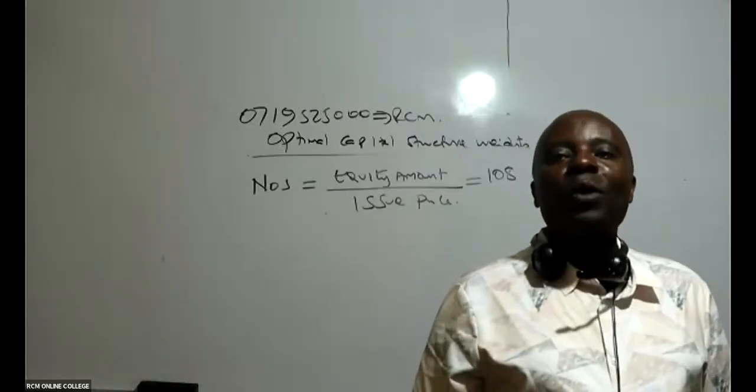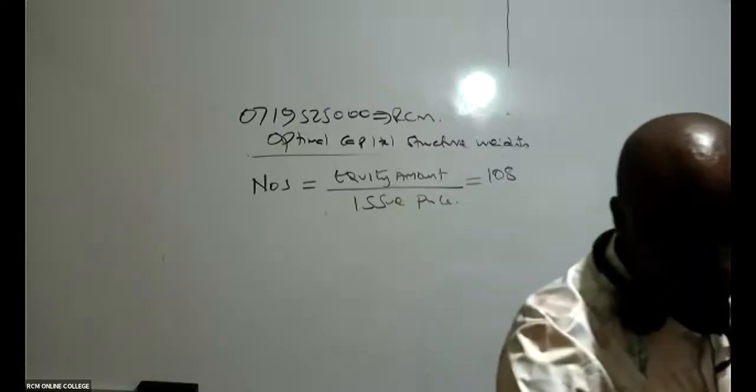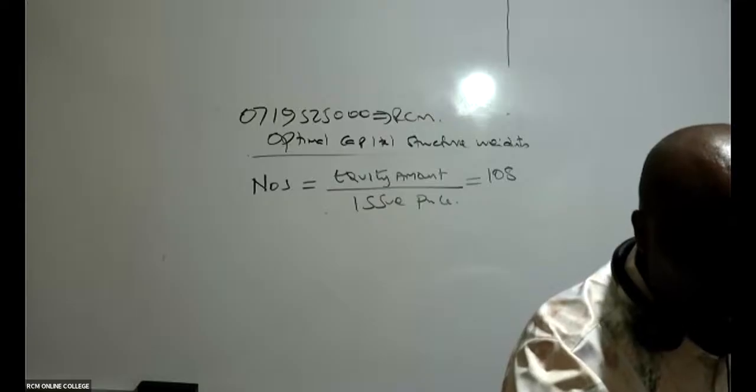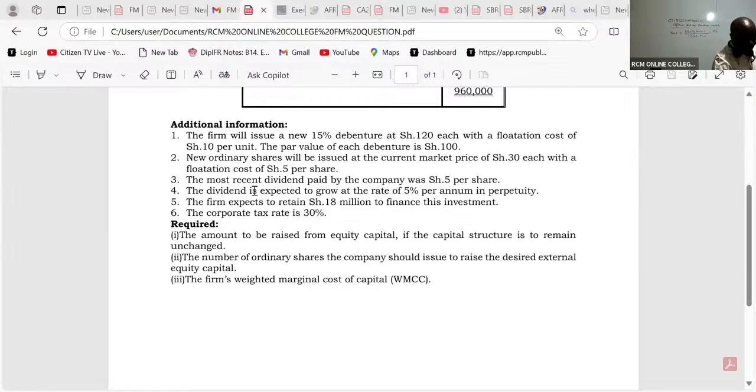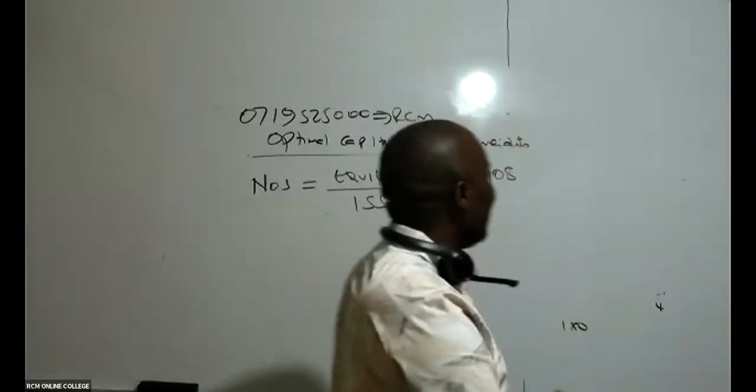Part of this will be coming from retained earnings. You are told here that the firm expects to retain 18 million to finance this investment, from our profits.